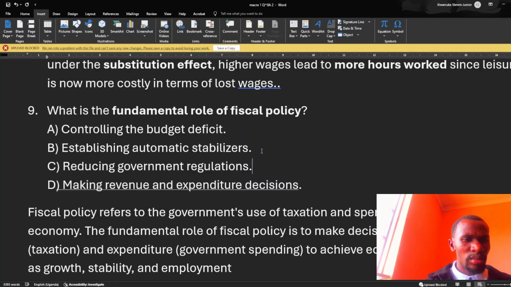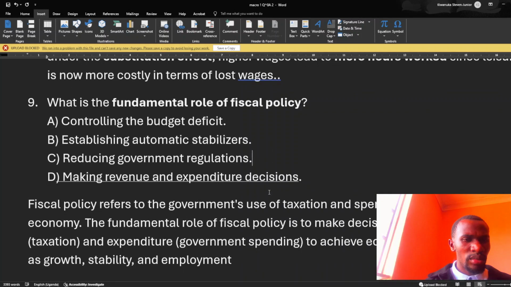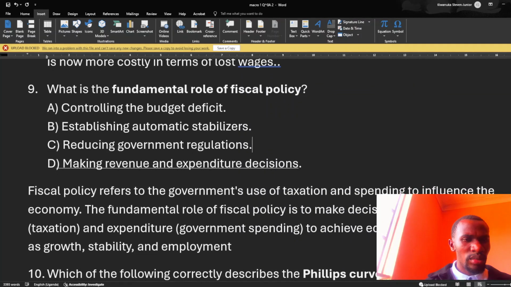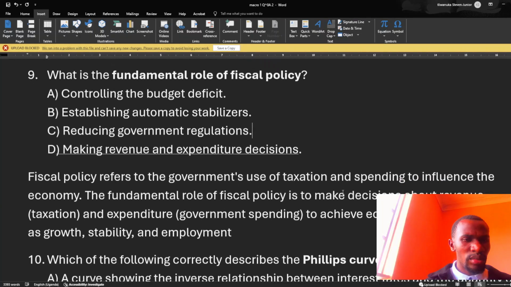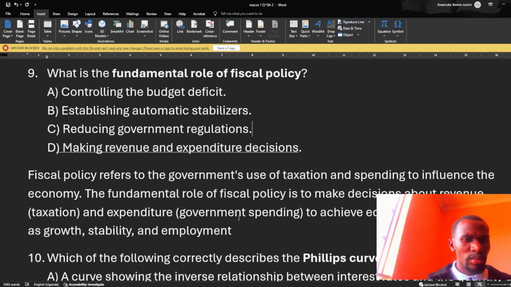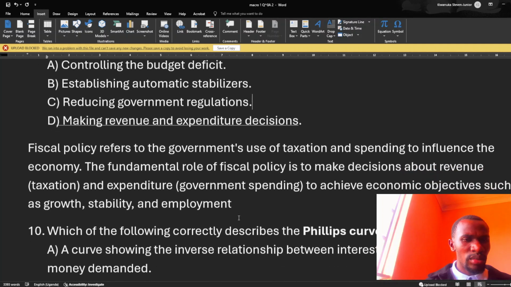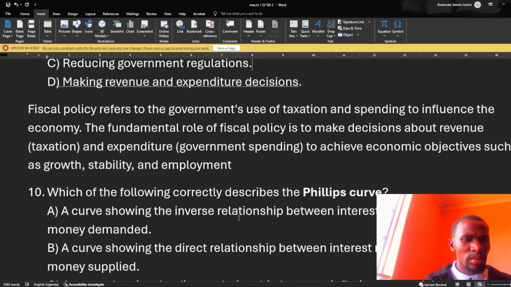However, these answers might be correct, but the fundamental role of fiscal policy is all about the revenues and the expenditures. Fiscal policy refers to the government use of taxation and spending to influence the economy. How they use the taxation, how they spend to influence the economy. The fundamental role of fiscal policy is to make decisions about revenue, that is taxation, and expenditure, that is government spending, to achieve economic objectives such as growth, stability, and employment.